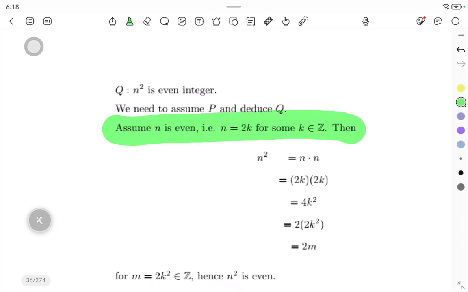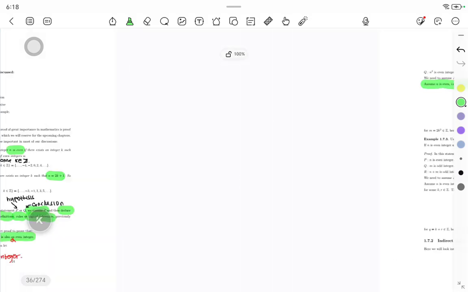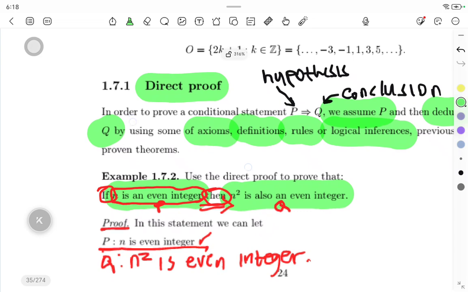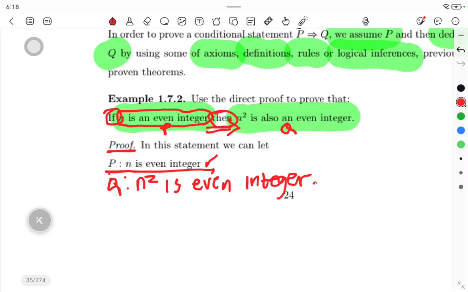So first, if we go back, we see that our hypothesis says that P is n is an even integer. So you're going to assume like this. You're going to say assume n is an even integer.